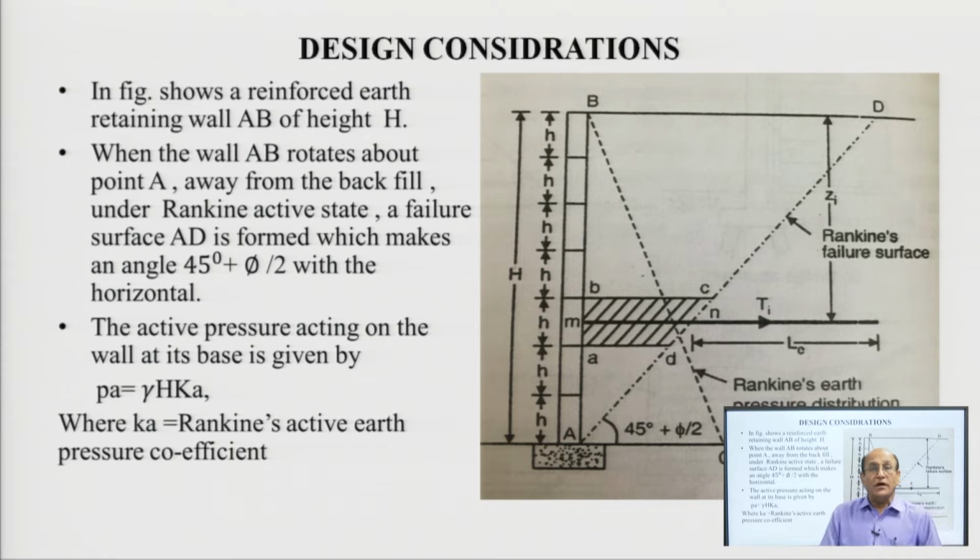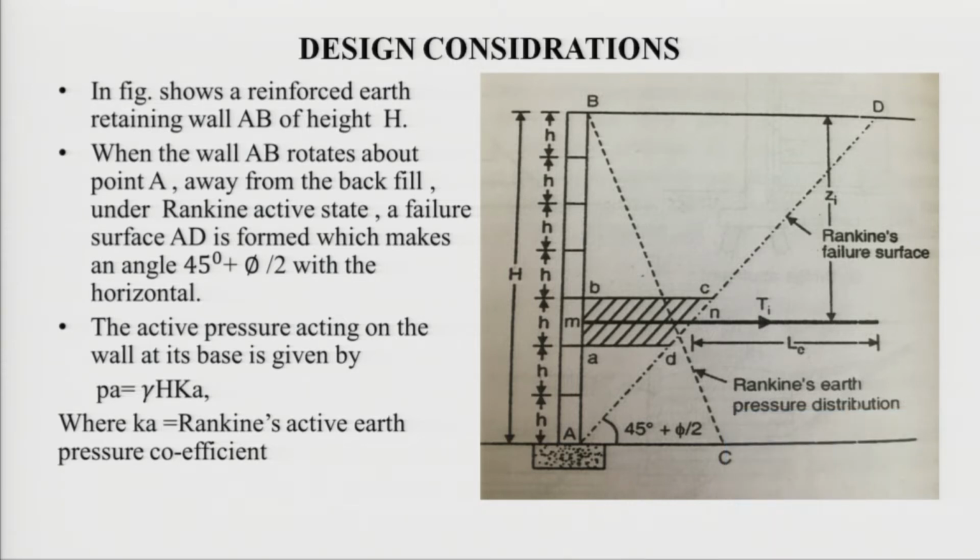So, now come to the different design consideration. This is a diagram we can see here. This is a wall facing element, that is A and B. The height of A and B is h, and there are many layers or segments divided in h each.